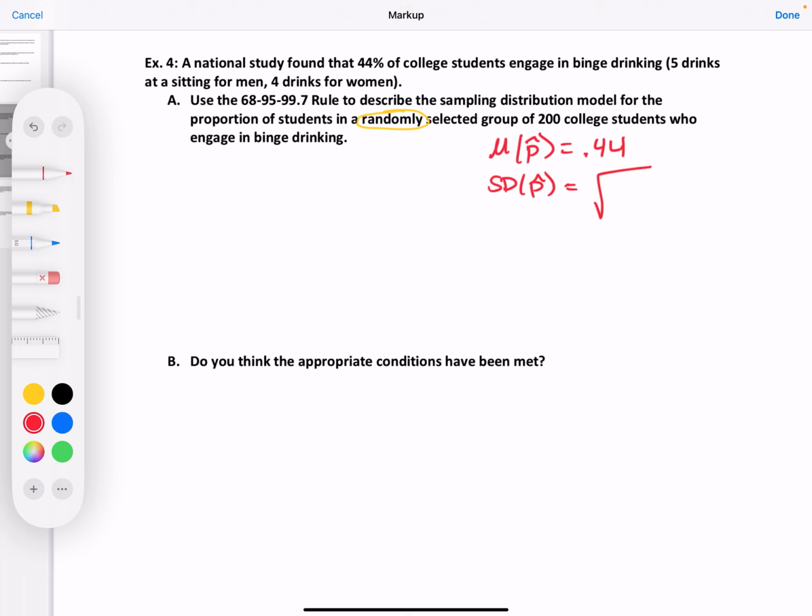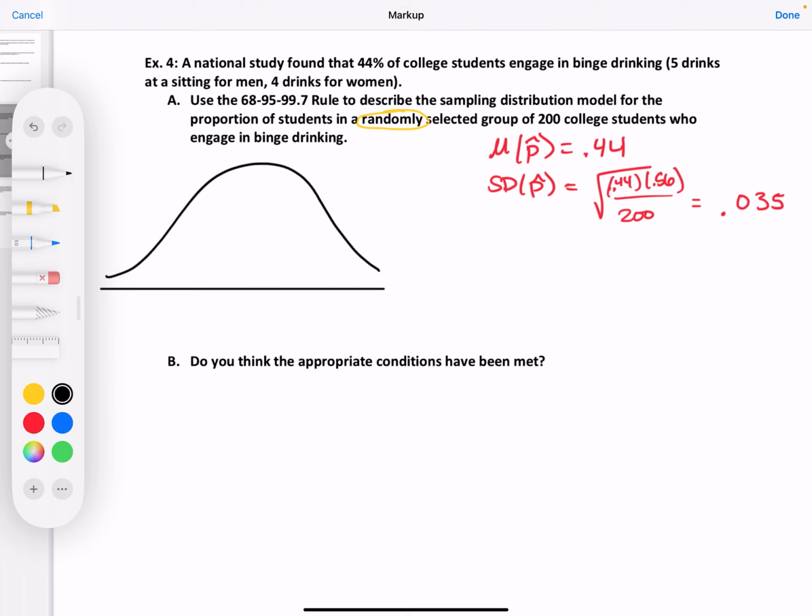Standard deviation. The square root of 0.44 times 0.56 over 200. And check and make sure this is right. This is 0.035. So my mean is 0.44.